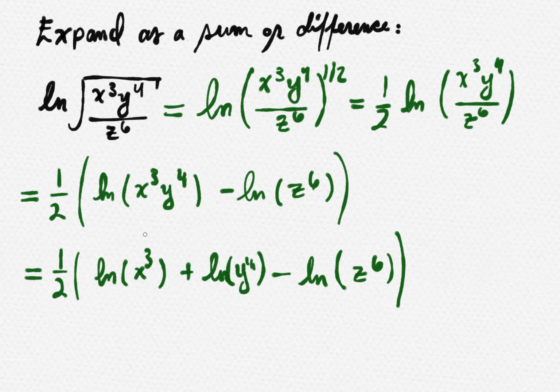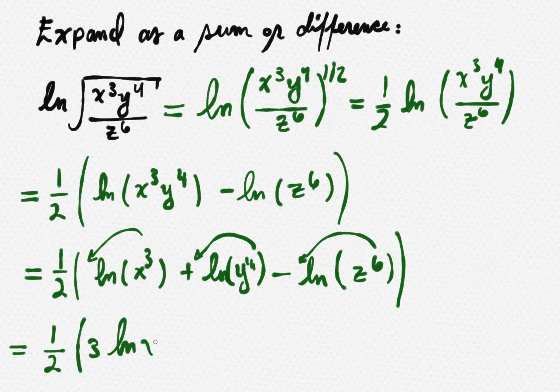And then the last thing we can do is use the power property on each of these individual logarithms. So that's going to look like 1/2 times 3 log of x plus 4 log of y minus 6 log of z.